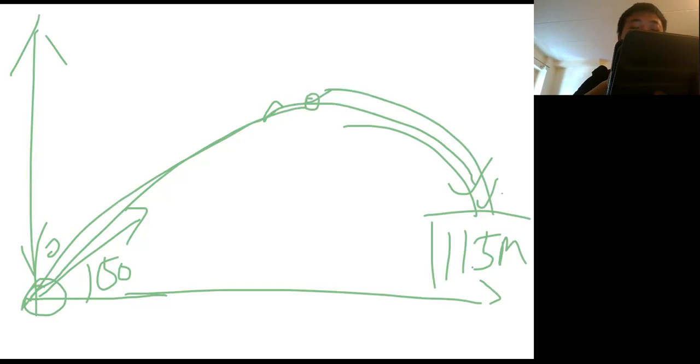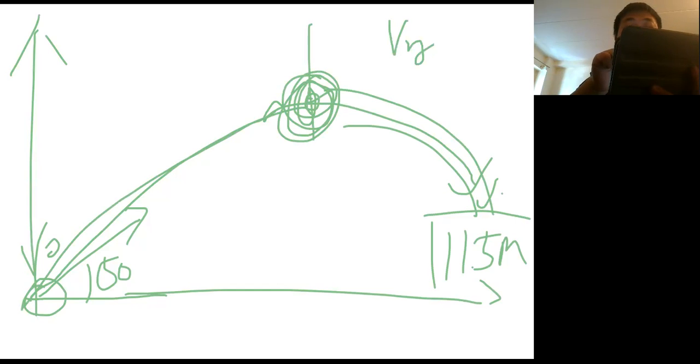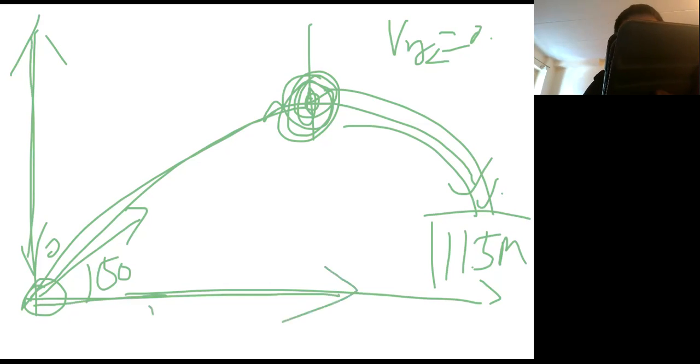It's mainly because at the highest point the vertical speed is zero, Vy2 equals zero. Because there are no other forces acting on the ball, it is uniformly accelerated motion in the vertical direction, and there's no acceleration in the horizontal direction.